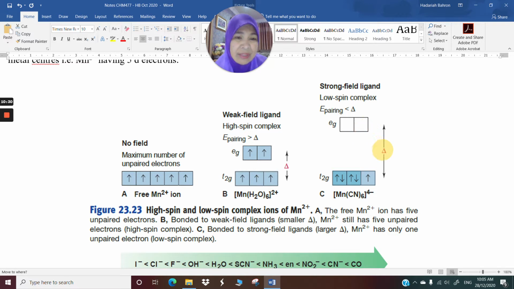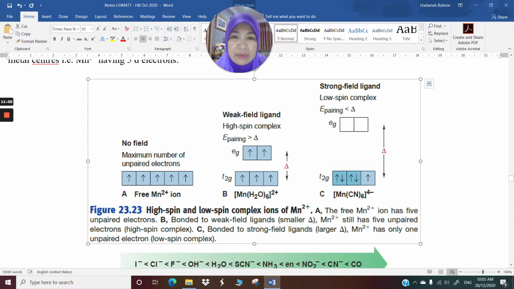If it doesn't have enough energy to overcome the splitting, it will simply start to pair up, because pairing up will need less energy compared to jumping to the next level. So the fourth electron will pair up, the fifth electron will pair up. This is what we call a low spin complex.